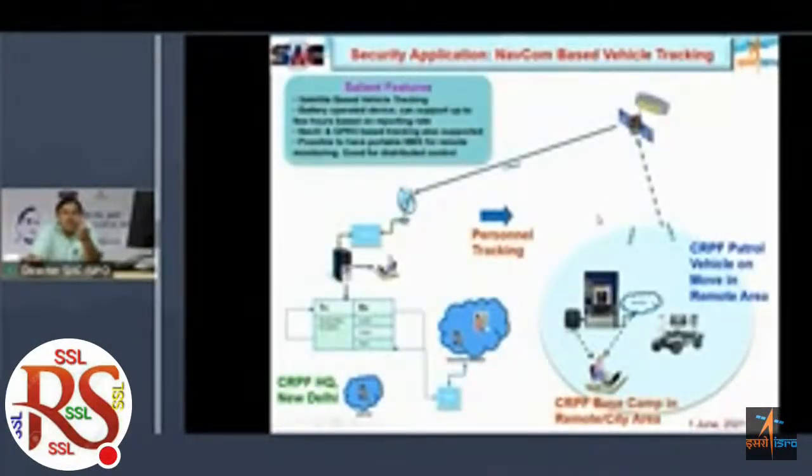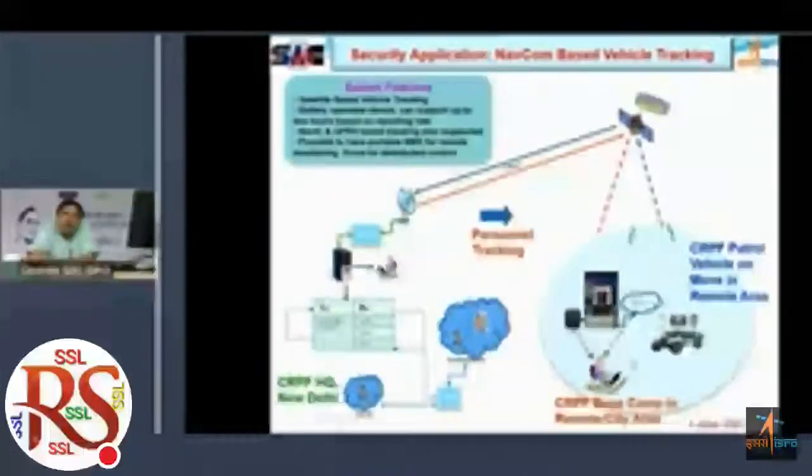Then similarly, in Naxal-affected areas, all of you would have heard in Buxar or in Chhattisgarh and all these regions, ambushes happen on CRPF patrol parties, and many of our jawans died. To avoid such a scenario, they will again carry this terminal and be continuously tracked using our NAVIC and mobile satellite service.